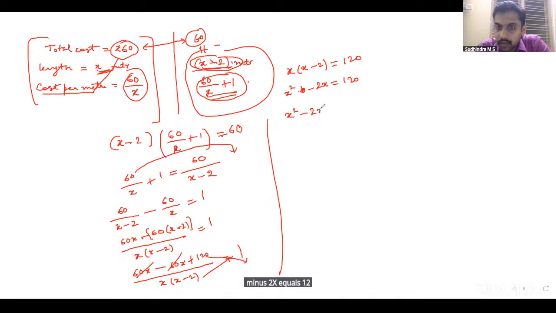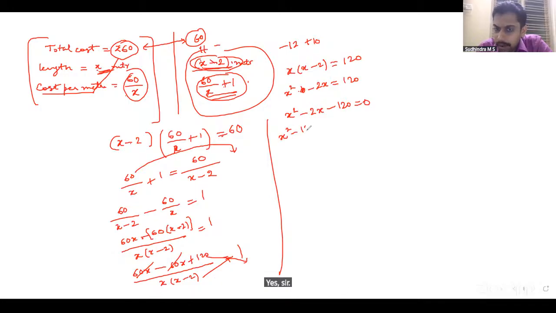So X square minus 2X minus 120 is equal to 0. Do we get the factors here? Yes, sir. I think we get minus 12 and plus 10.